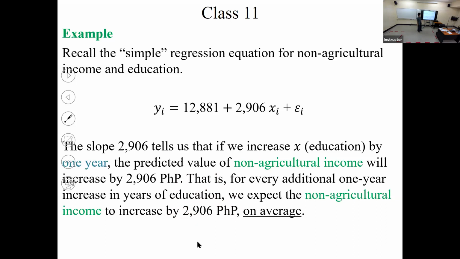As you increase the x variable by one unit, in this case one unit is 1 year, because x is defined as years. It can be other units for other variables, such as the number of people in the family, and sometimes it can be gender.